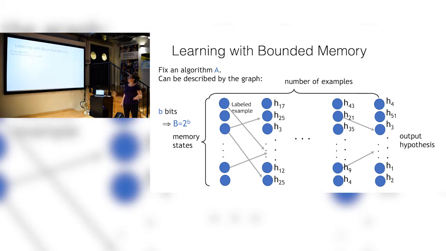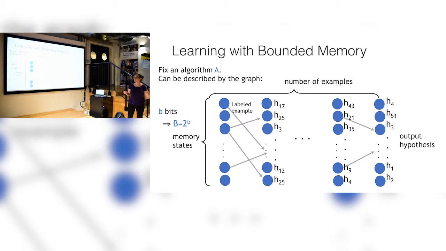If we have some algorithm, how can we present it as a graph? We can just take a look at the memory that the algorithm can be in. If there are b bits, there are 2 to the b possible memory states that the algorithm can be in. Then from each memory state, we are going to get a labeled example.